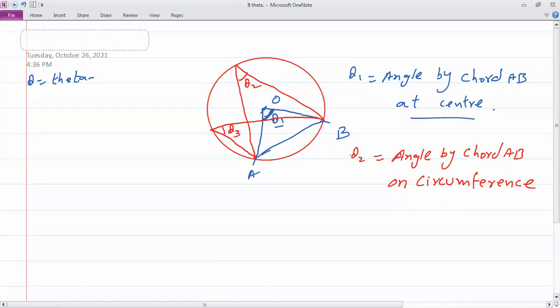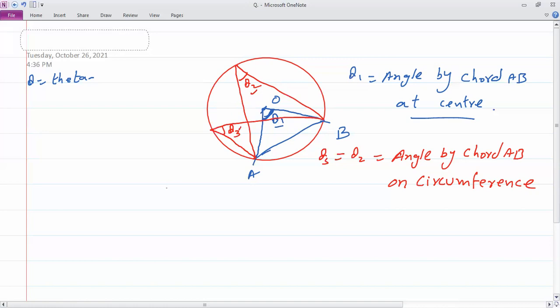So what should I say? It is the same. I will say theta 3 is also the angle by the chord AB on the circumference. Chord AB is making an angle at the center, chord AB is making an angle at the circumference, chord AB is making another angle at the circumference. Like theta 2, theta 3 are on the circumference, theta 1 is at the center.